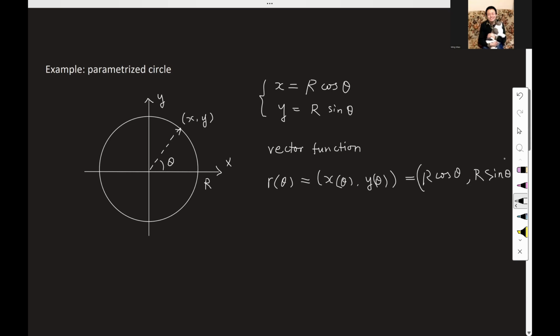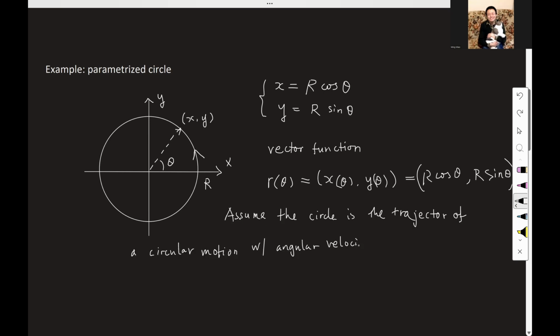So this is one parameterization where we use the angle as the parameter. Or we can assume that this circle is the trajectory of a particle moving in a circular motion with angular velocity omega, angular speed, in fact.